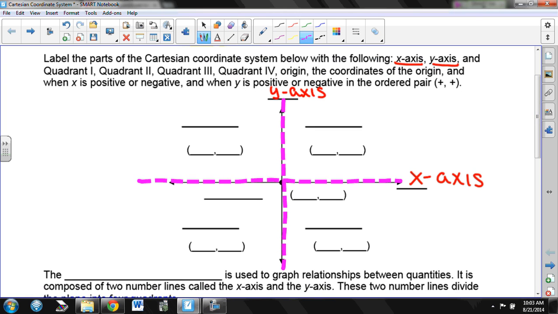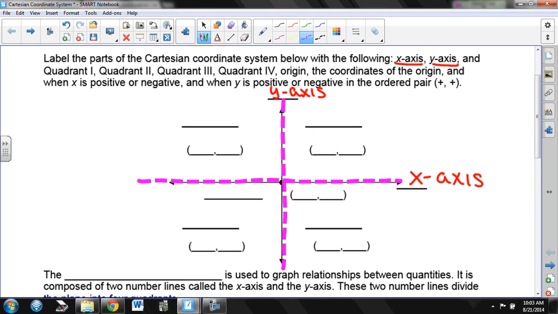Once you've drawn the x-axis and y-axis, it splits your graph into four pieces. The four pieces are called quadrants. The prefix quad means four parts, so we have four quadrants on the graph.